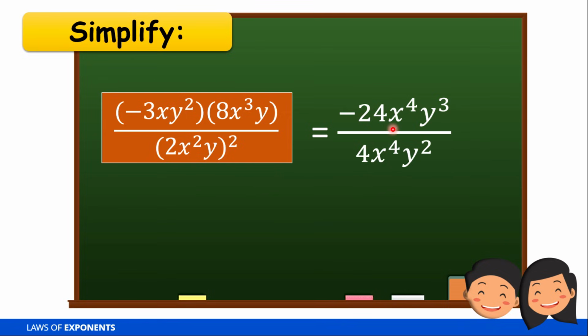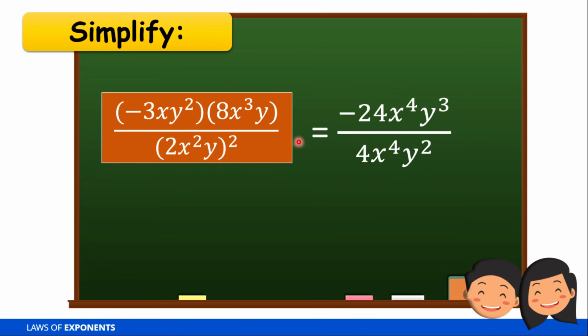Kaya mayroon tayo ditong x to the 4th power. Next, yung y naman. Since nagmumultiply nga tayo, i-add natin ang mga exponents ng y. Dito sa una nating expression, ang exponent ng y ay 2. Tapos sa pangalawa naman, ang exponent ng y ay 1. So, magiging 2 plus 1. Kaya mayroon tayong y cubed.